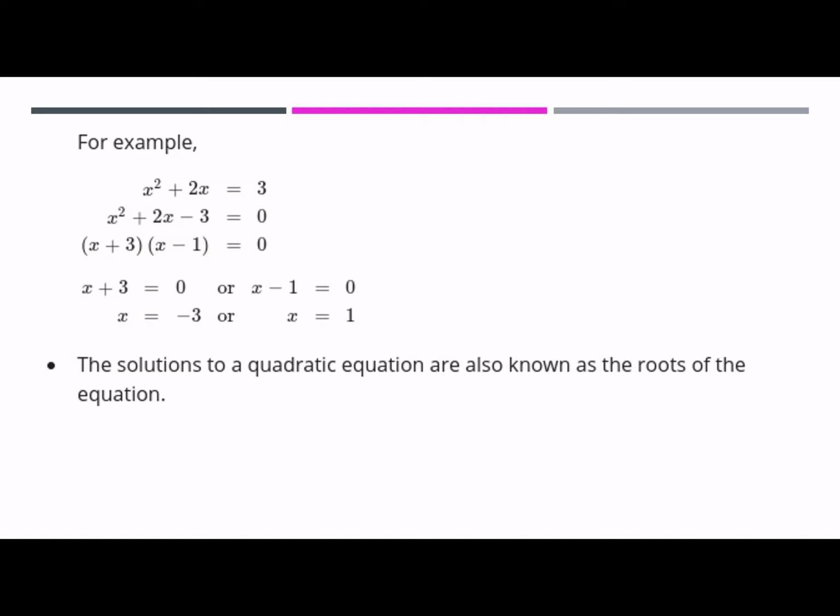So the example is x squared plus 2x equals 3. First, we need to get it into this form. Then we need to factor it. First, we want to get into that form. Then we want to factor.